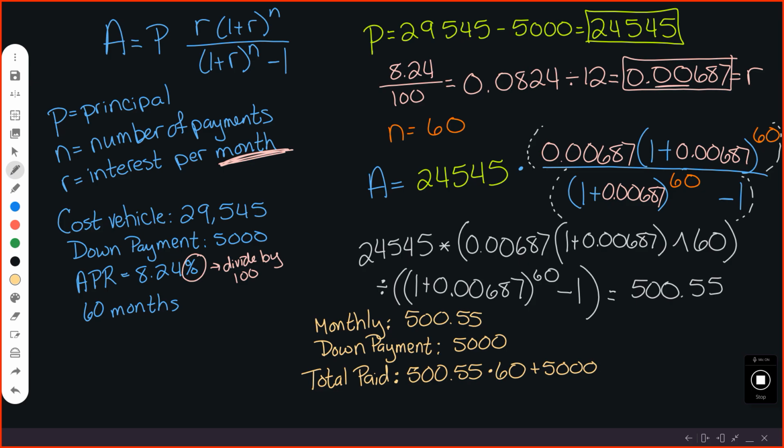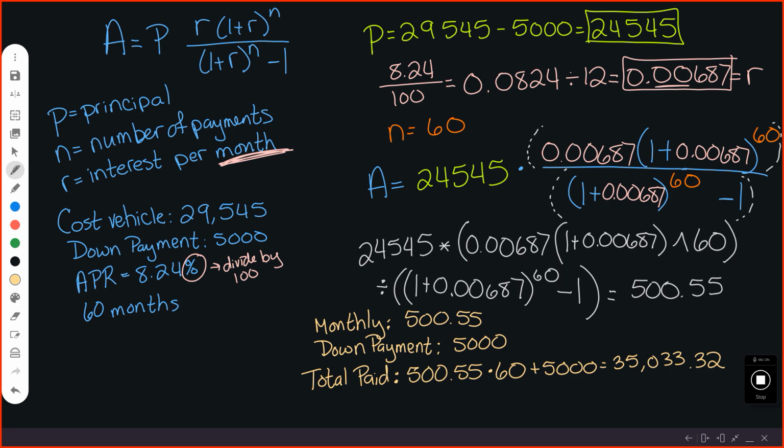You can just put that right into your calculator just like that, and that will give you $35,033.32. So that's the total cost if you finance at 8.24% for 60 months. That's how much you have to pay. Okay? And there shouldn't be any questions about that, but that's what you do.